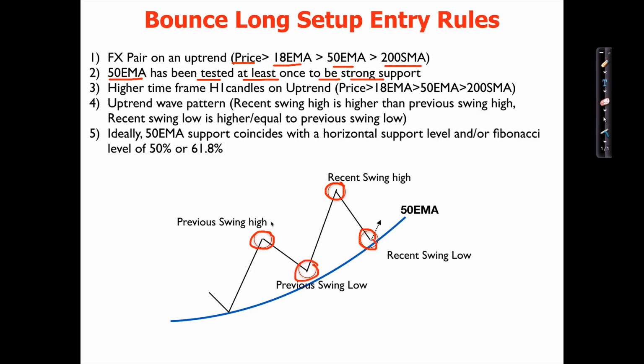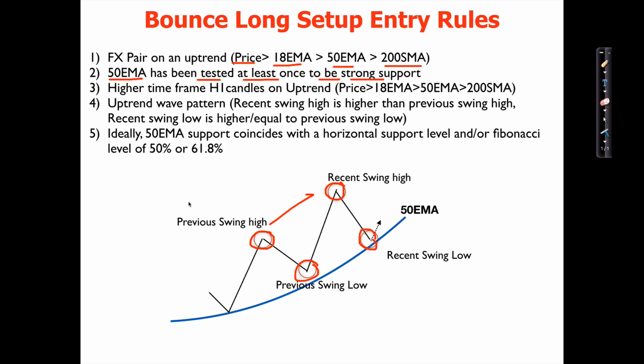It is critical you have to see higher highs and higher lows. That's a must. Right now, as it's coming down towards the 50, we're going to buy as it hits the 50 moving average. But again, we have to ensure that recently the 50 moving average has been tested to be a strong support. So we want to see the price having gone to the 50 and bouncing off the 50 very recently.